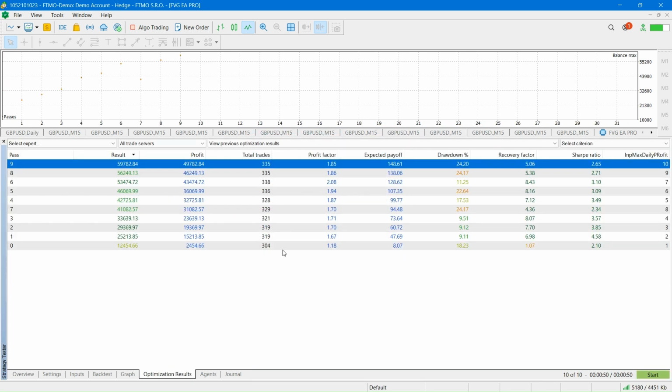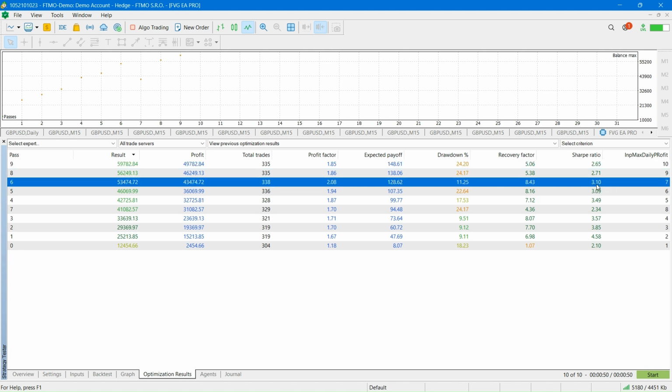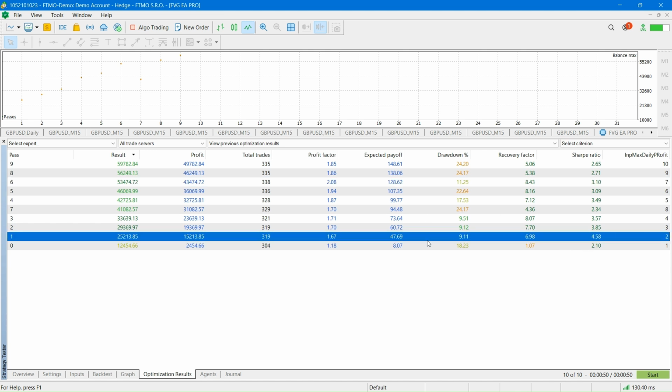So if we limit the daily profit to 10% of the equity, we still have a drawdown of 24. If I go to 7%, each day I'm going to just get 7% of my balance, having the drawdown back to 11. And if I target, let's say, just 2%, basically I have a drawdown that is less.